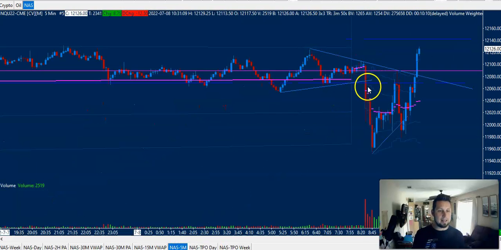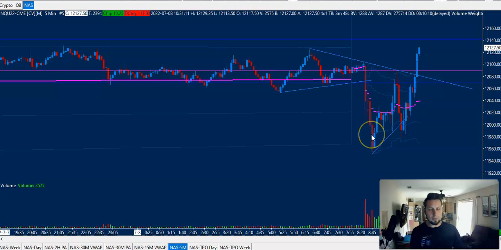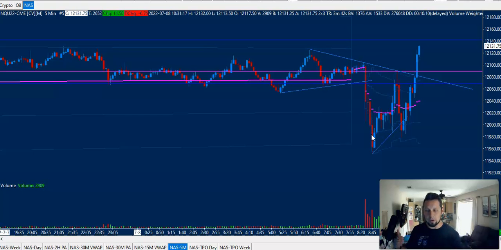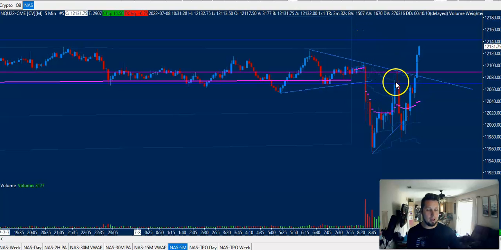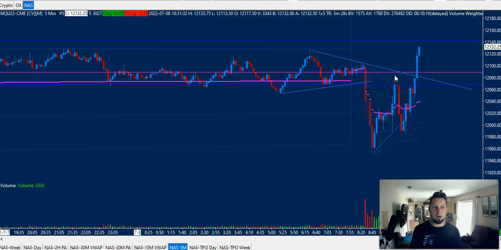So now, when things broke down to the downside, at that point, you have to pick a direction, right? You go, okay, do I want to focus on the upside, or do I want to continue to focus on the downside? So as price came back up into yesterday's value area, which is this was the point of control and this is the value area high and the value area low, at that point, things look like they want to move lower.